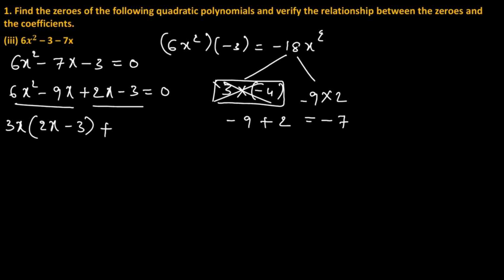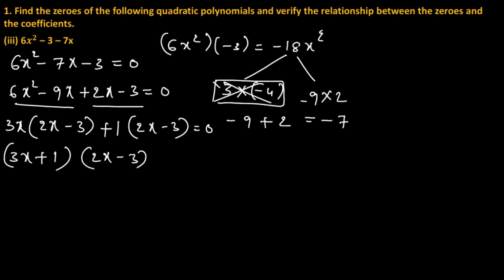Directly 2x minus 3 you can see in the second. Take 1 as common. 3x plus 1, and the common is 2x minus 3, is equal to 0. 3x plus 1 is equal to 0, and also 2x minus 3 is equal to 0.